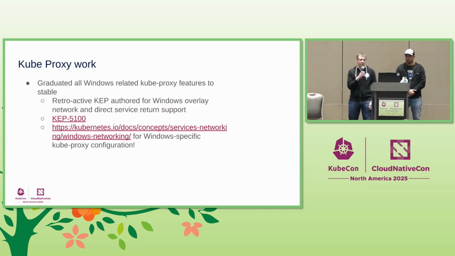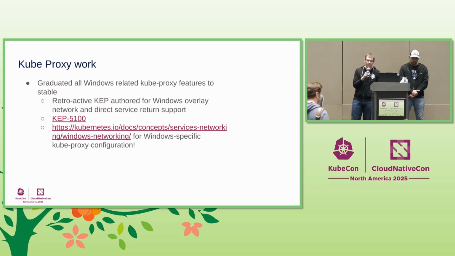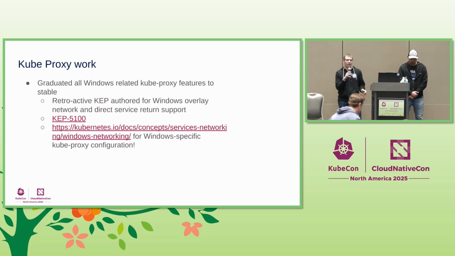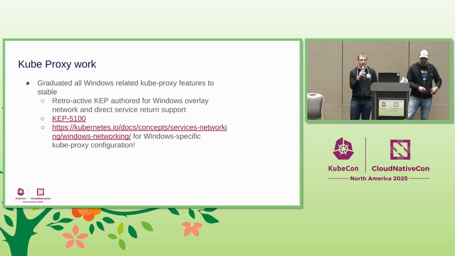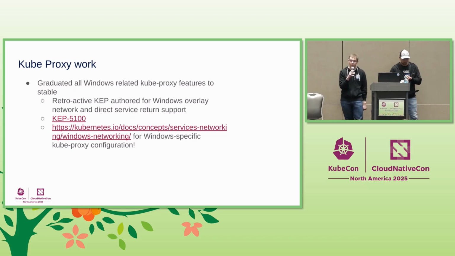All right, so we're going to cover a little bit of the work that we've been focusing on since the last project update, which was KubeCon Salt Lake City last year. One area of work was really focusing on kube-proxy enhancements. Just like all the other Kubernetes components that run on the node, we maintain the kube-proxy implementation, and a lot of work had backed up on this, including a couple of feature gates which were written before the KEP process was started for this.